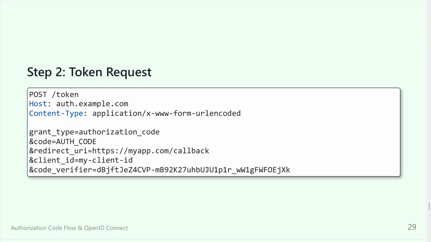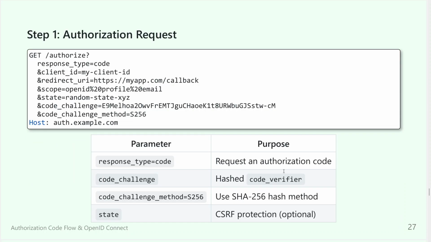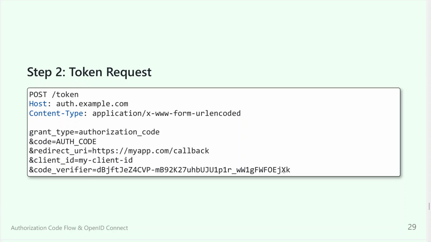This is the code verifier that you send. And you should receive the code. So on the server side, the authorization server will do the hash of this, and it will make sure that it's the same as when everything started.